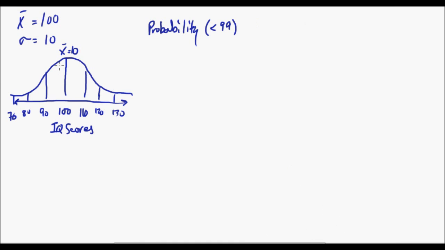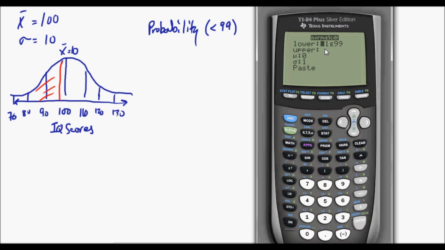We're basically going from 99, which is right there, and we're finding this, right? Okay, so what you'd do is you always put something really low, so it defaults to negative 1 E to the 99, which is fine. And then we'll press enter, and we want 99, and then the mean here is 110.